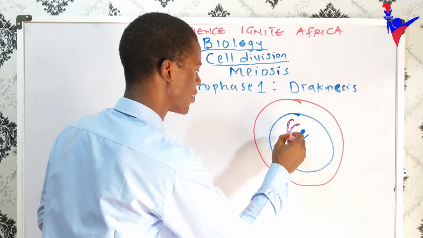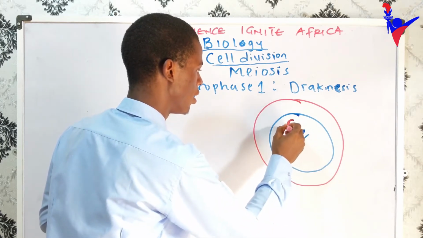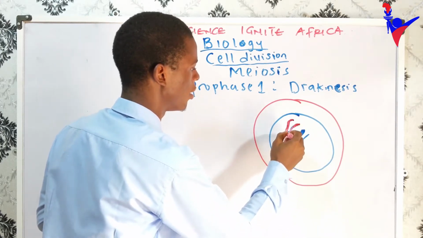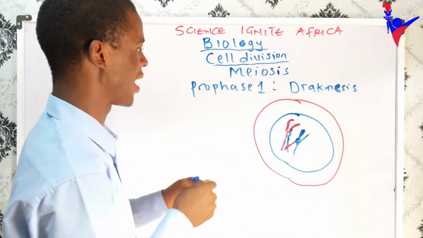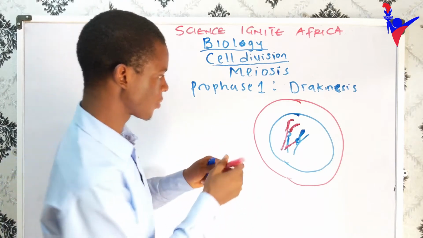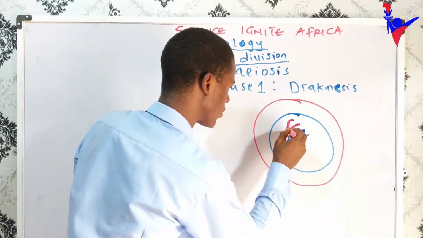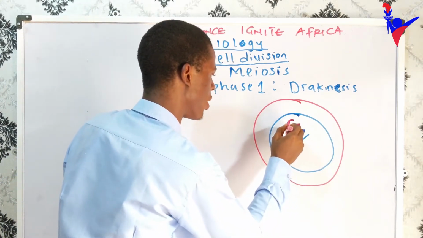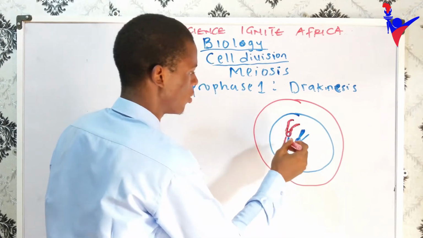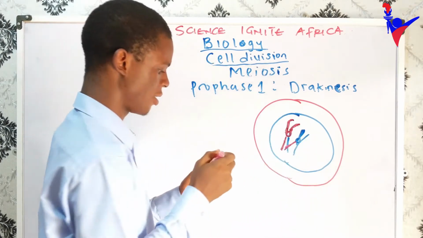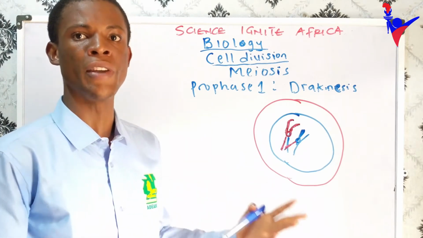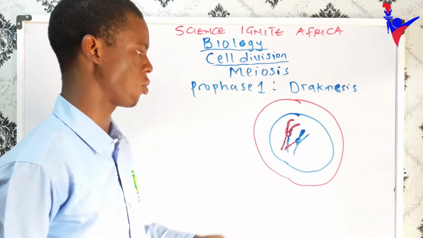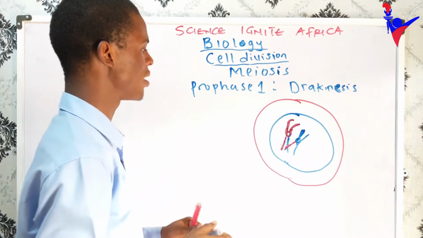So this is a good pictorial. It's not actually very standard, but to some extent it gives you information about what you're seeing in meiotic division.